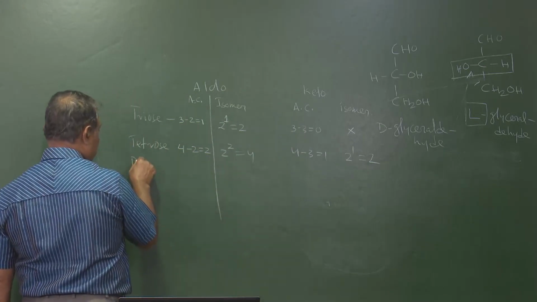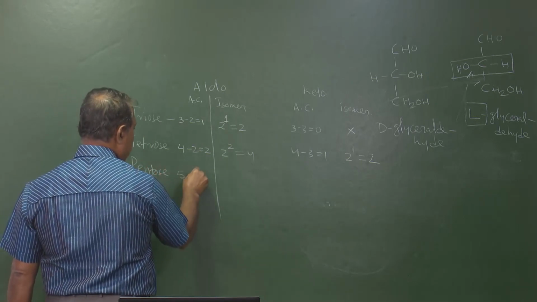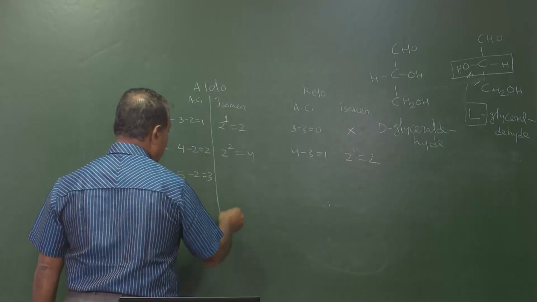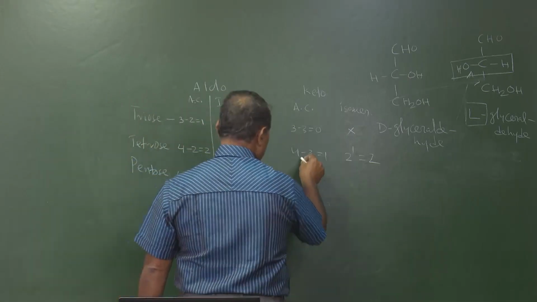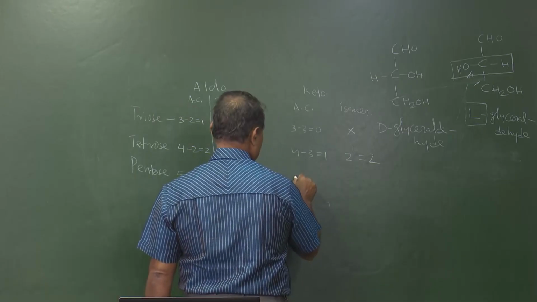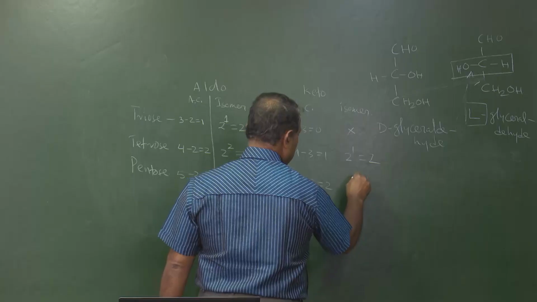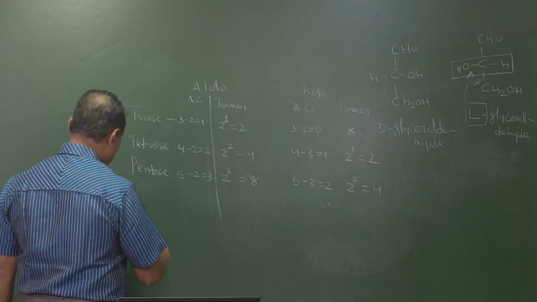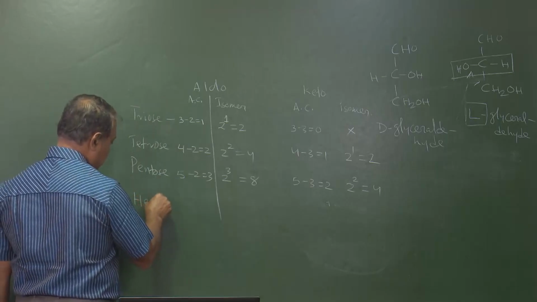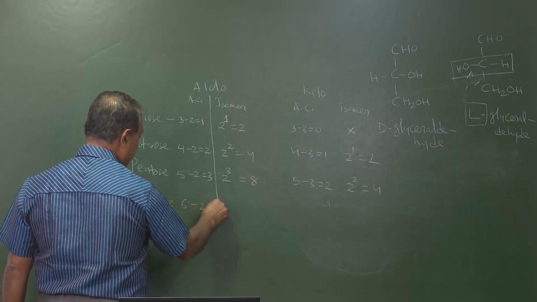Now we come to pentose. 5 minus 2 is equal to 3. 2 to the power 3 is equal to 8. Now here it will be 5 minus 3 is equal to 2. 2 to the power 2 is equal to 4. So now coming to hexose. 6 minus 2 is equal to 4.